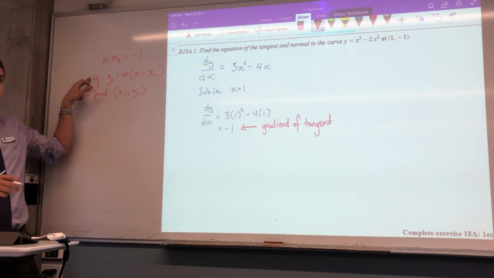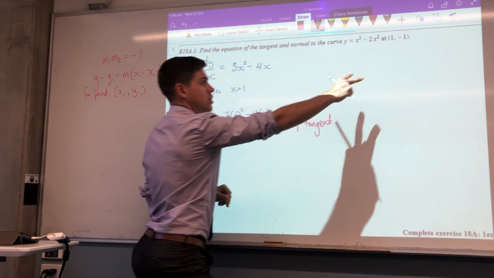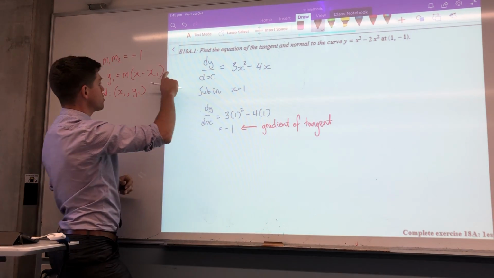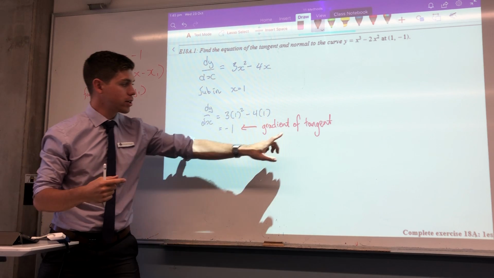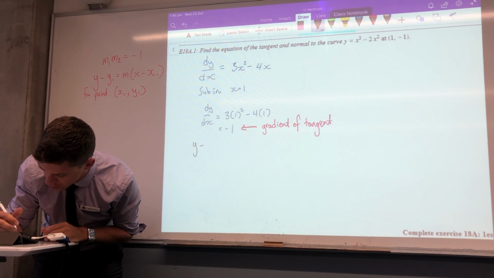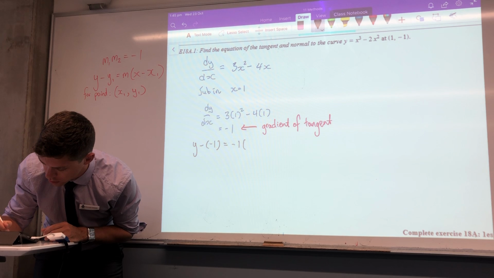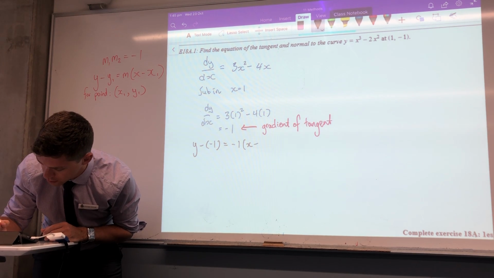All right. Well, now let's plug this information in. We've now got the gradient of our tangent line. We know the x, y that we want to use. So let's substitute that into here to get our equation of the tangent line. y minus negative 1 equals the gradient, negative 1, times x minus 1.